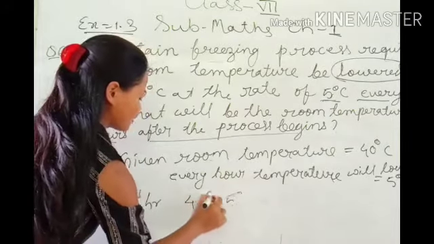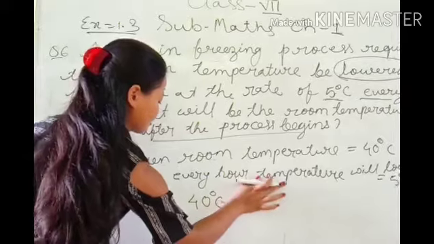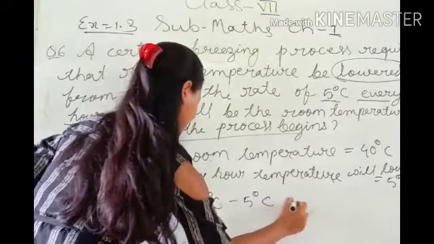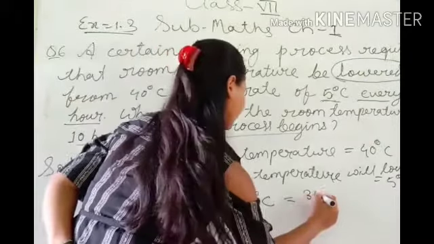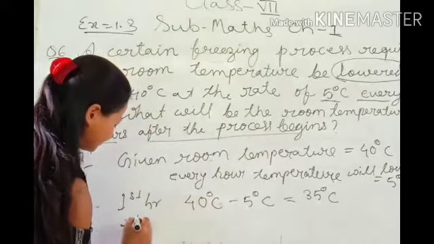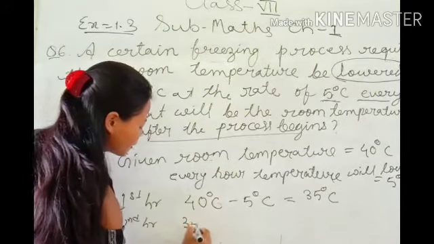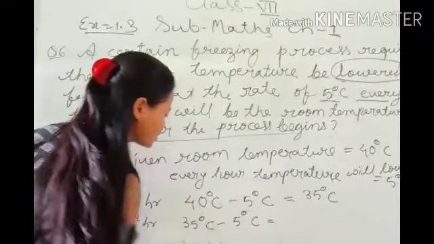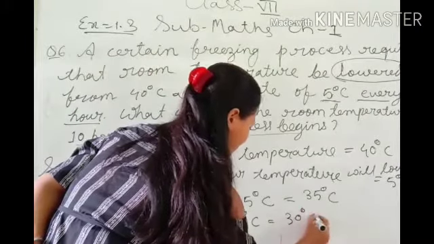So you write 40 degrees Celsius minus 5 degrees Celsius. How much will you get? 35 degrees Celsius. Now next, in the second hour, 35 degrees Celsius minus 5 degrees Celsius, it will become how much? It will become 30 degrees Celsius.